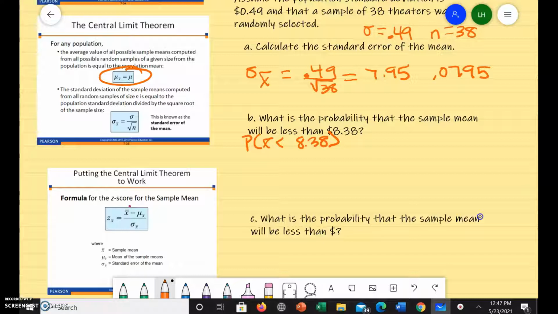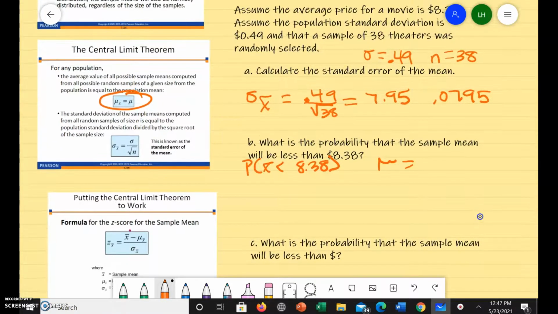That's kind of a tongue twister. So we know the mean is given to us. It's 8.23. So the mean of the sample means will equal 8.23.